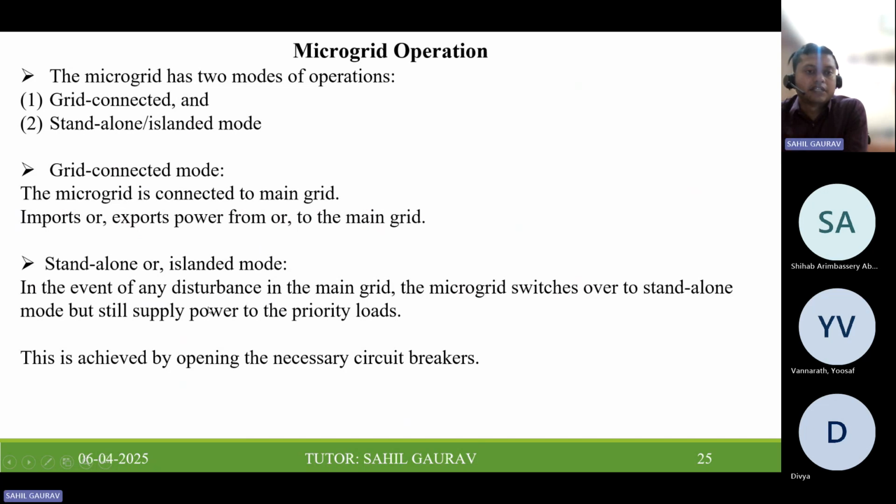Generally in normal condition they are connected to the main grid, while if any disturbance happens at the grid side, we disconnect the microgrid from the grid and supply power locally from the microgrid. This standalone operation happens by opening the necessary circuit breakers.